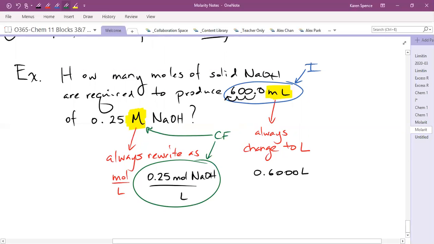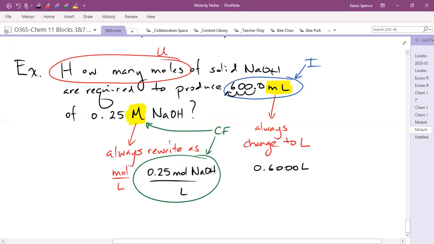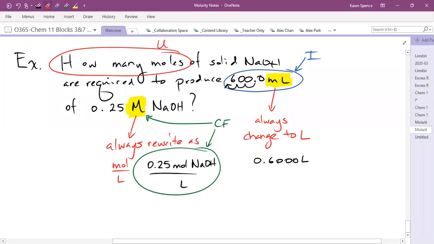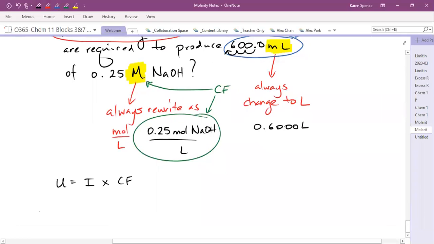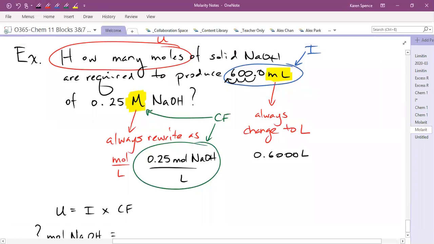And our unknown is how many moles. So we're going to say our unknown is equal to the initial quantity times our conversion factor. Our unknown was the number of moles of NaOH. Our initial quantity is the 600 milliliters, which we have changed into 0.6000 liters.